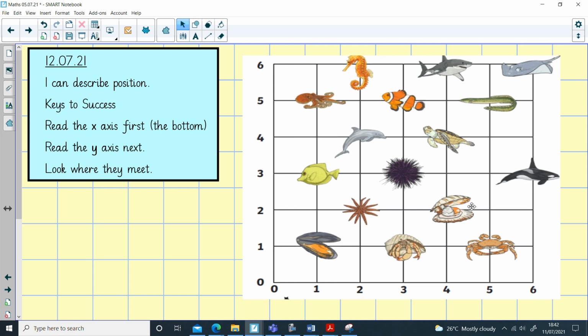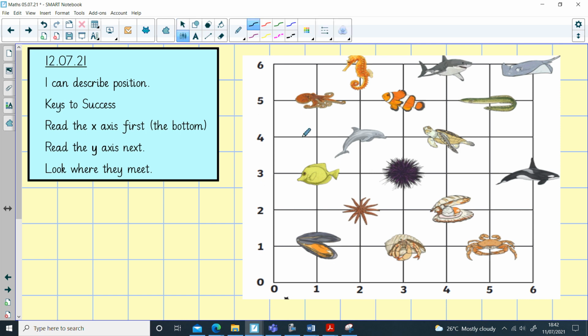And when we're looking at describing position, we are describing the position using the numbers on the grid, okay? And what we have to do is read the x-axis first, okay?